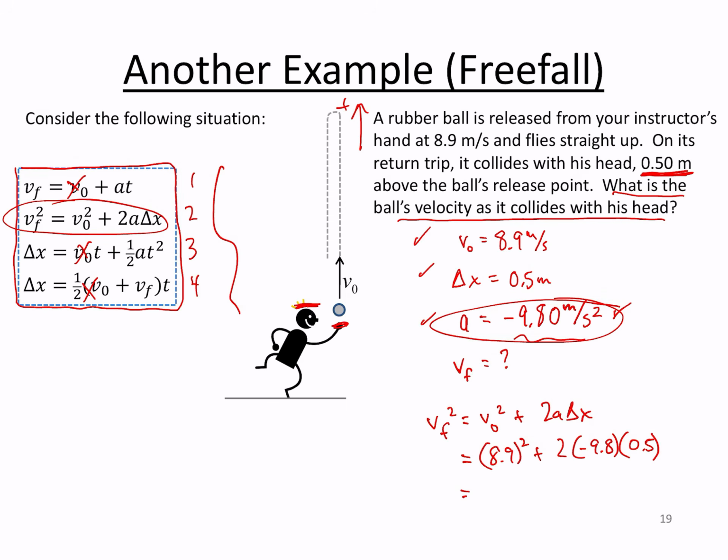It may seem unreasonable, but remember that that is v final squared. And you need to take the square root of both sides to get the final answer, which is somewhere in the neighborhood of a little over 8 meters per second. I think it's like 8.3. And we'll see if I'm correct here on the next slide.